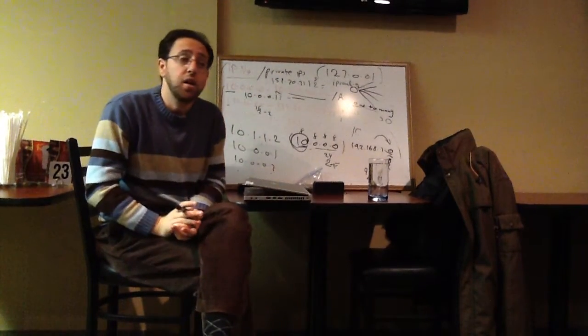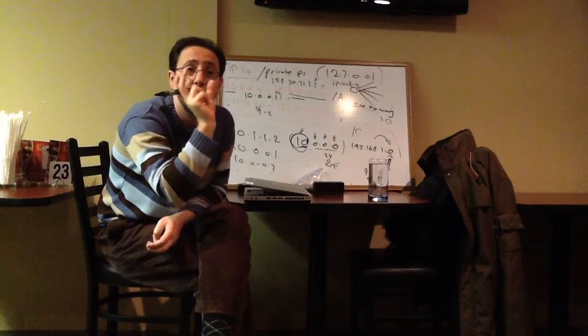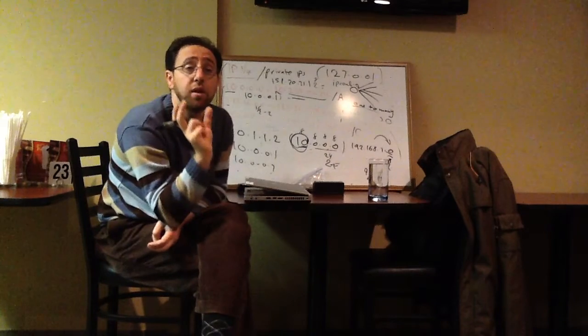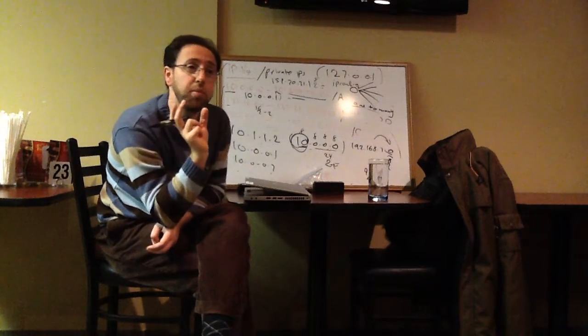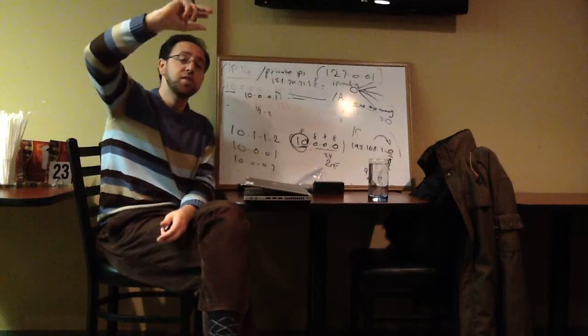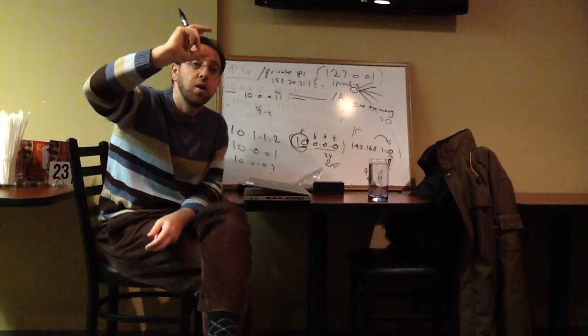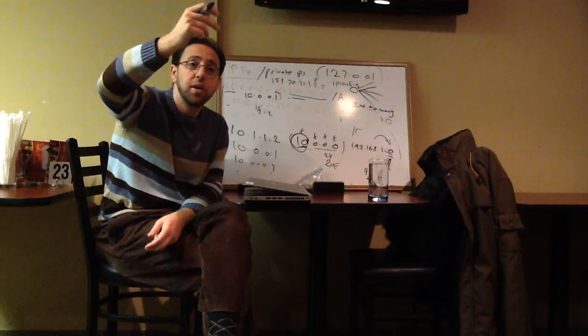Another benefit, the header. If you recall, we've talked about the header of the IP packet. The IP version 4 header is different from the IP version 6 header. The IP version 6 header has fewer fields, while IP version 4 has a lot of fields.